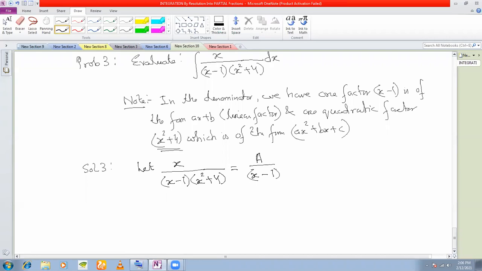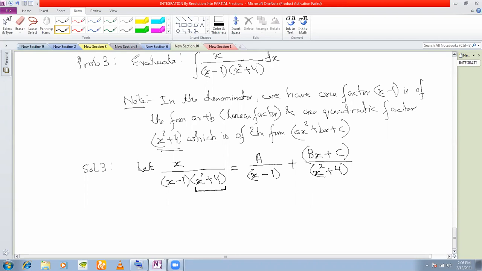Clear? Look at this very carefully. For this quadratic factor, you will take a factor of the form bx plus c in the numerator. Remember, for any quadratic factor in the denominator, you will take bx plus c.